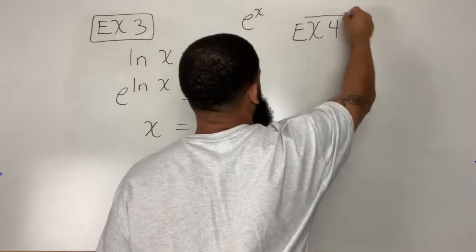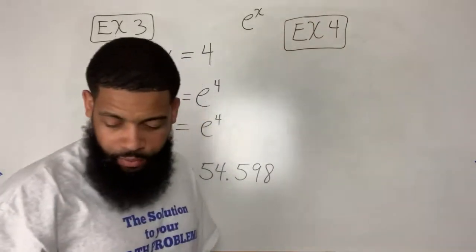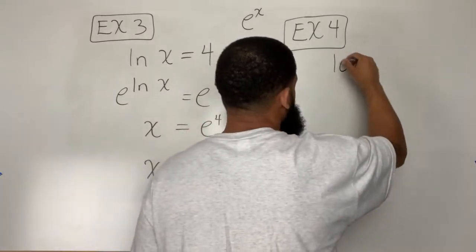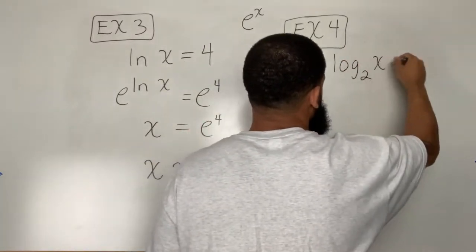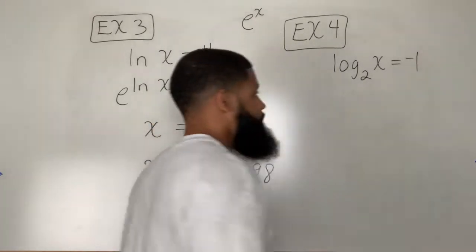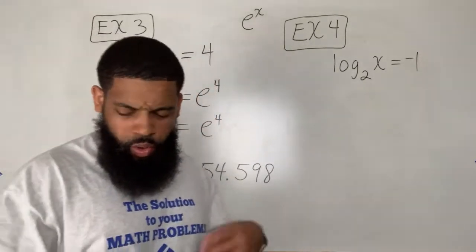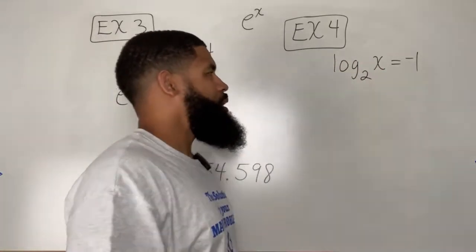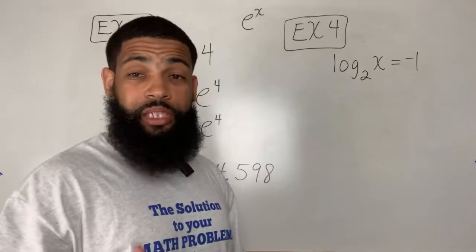Example 4, we have log base 2 of x equals -1. Okay, and so in this case, this is a little different. So we're going to use our basic rules of logarithms, and we're going to rewrite it in exponential form.